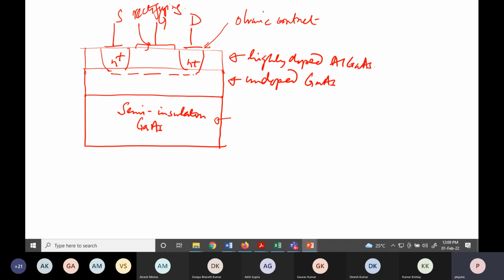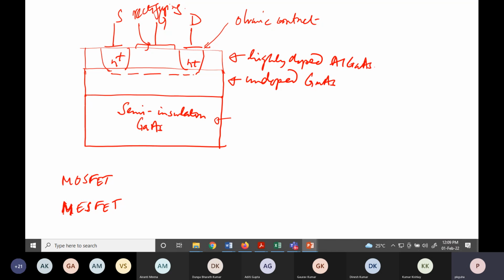Now, to explain the working principle, it is like a MOSFET and a MESFET. What is a MESFET? MESFET is a metal semiconductor field effect transistor. Often we create MESFETs using gallium arsenide.